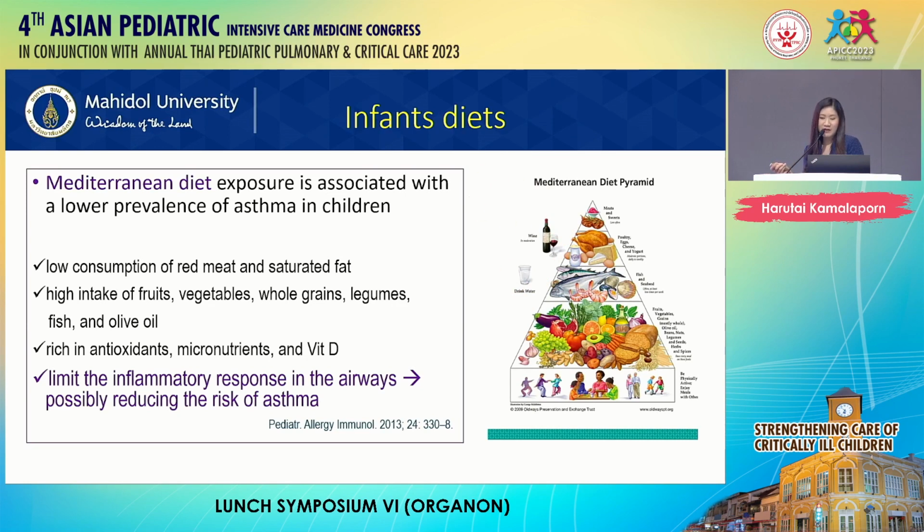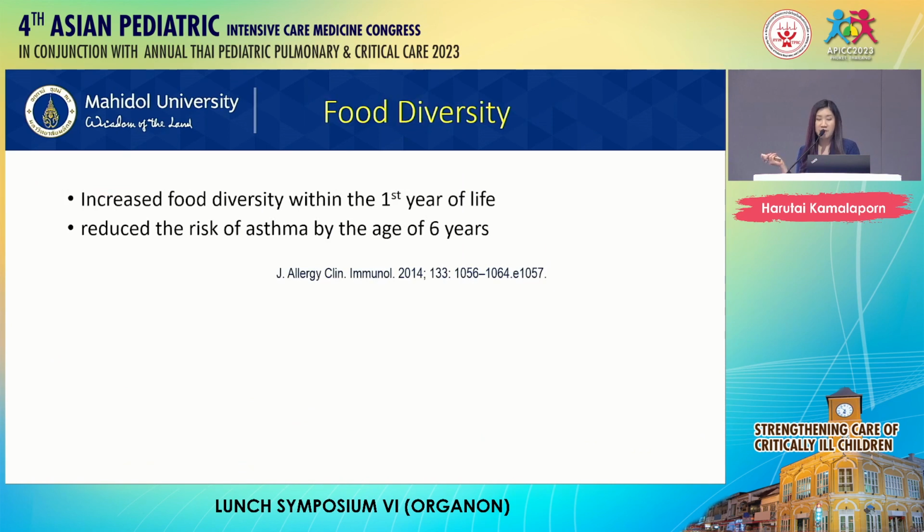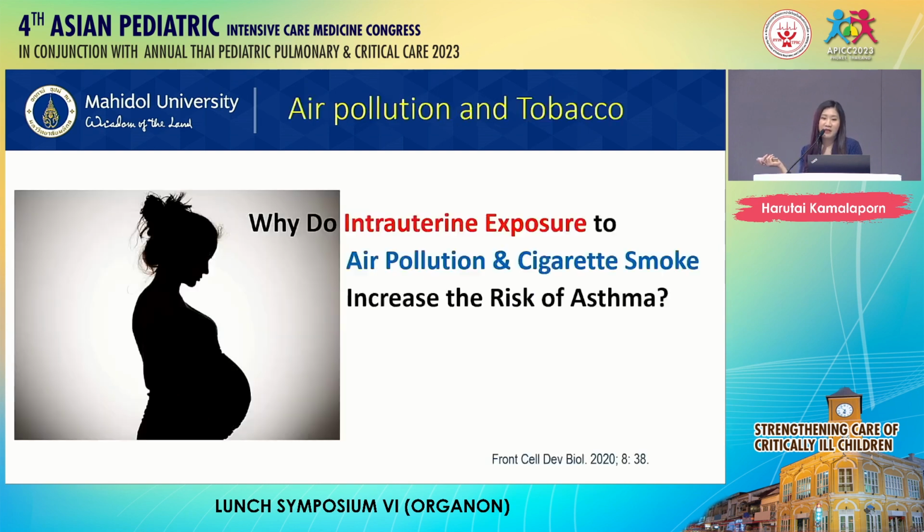So, it sounds like a very, very happy life. This kind of diet is going to limit the inflammatory response in the airways and reduce the risk of asthma at some point. For food diversity, if you start to feed the baby, just give a variety of food, not the same thing, like boiled eggs every day, something like that.